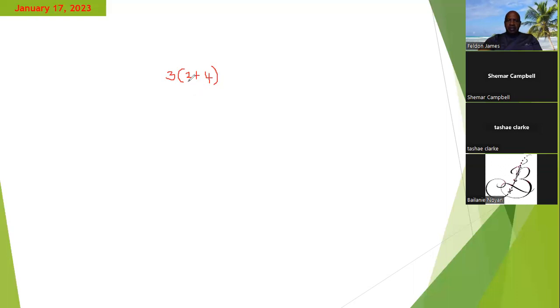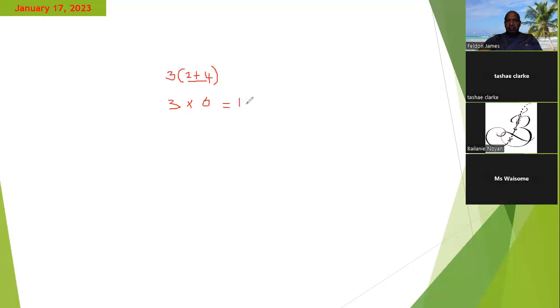So if you work out what is in the bracket, 2 plus 4 gives you 6. So this becomes 3 times 6, which is equal to 3 6s, students. 18, sir. So that is equal to 18.